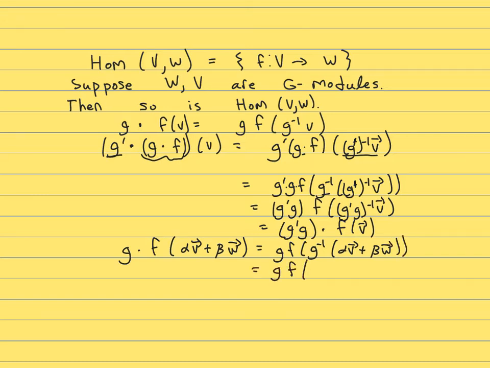Well, the inner group action on v is linear. The transformation itself is linear and preserves the group action. Oh, no, it doesn't. That's the one thing we have to be careful of. We are not assuming that f is G invariant. That is the one assumption we're not allowed to make.